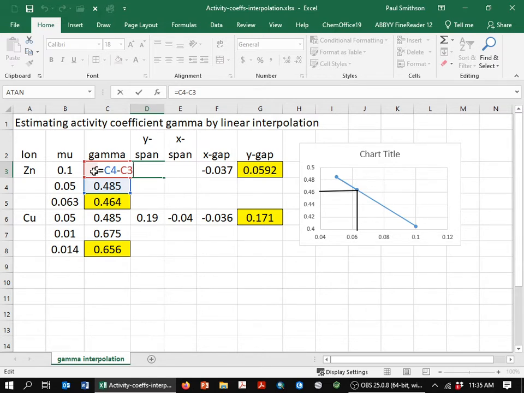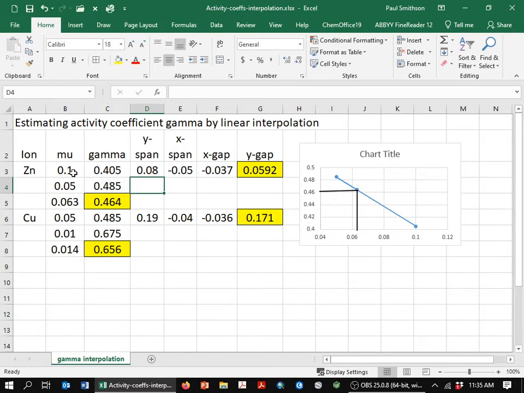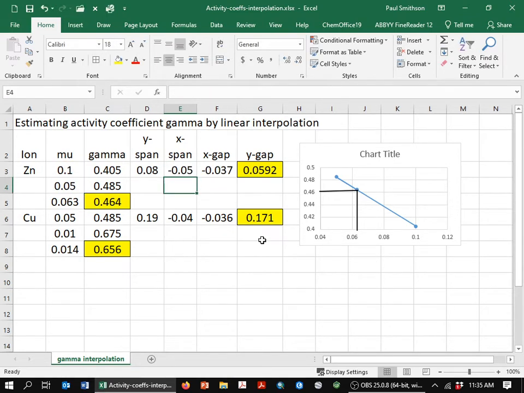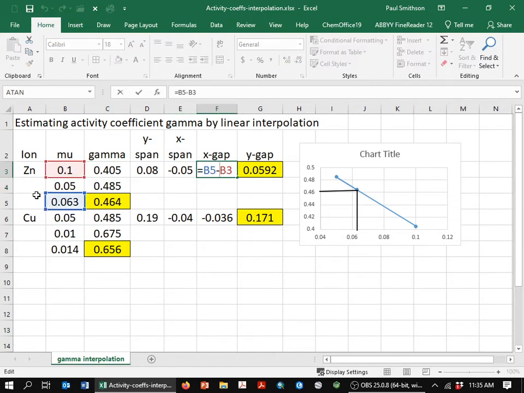C4 minus C3, that is the y span, that's the total thing, and the x span is, as you see, 0.05 minus 0.1, and the gap then is our existing ionic strength minus 0.1.